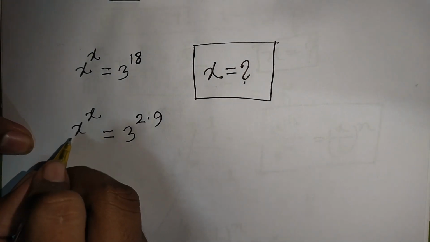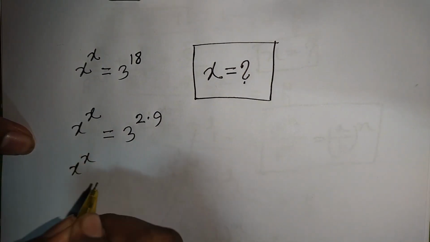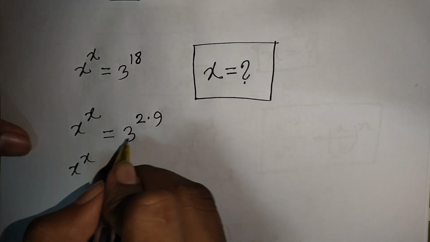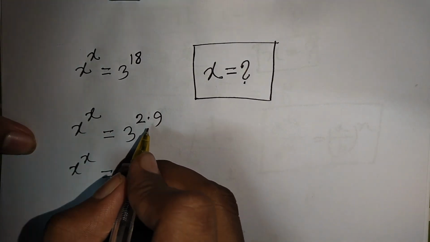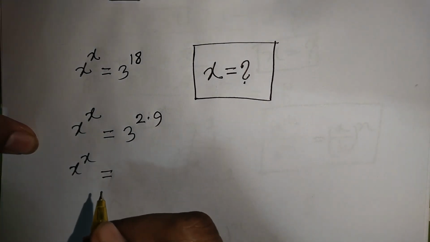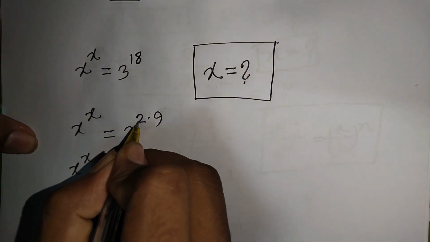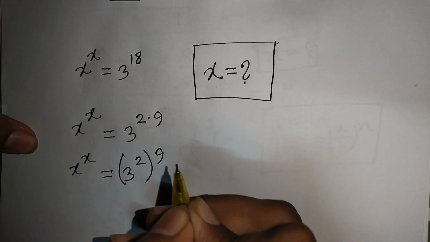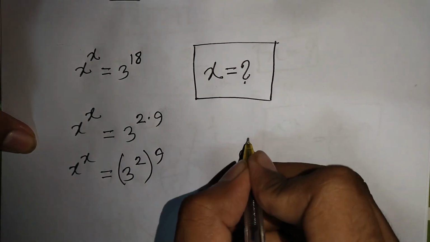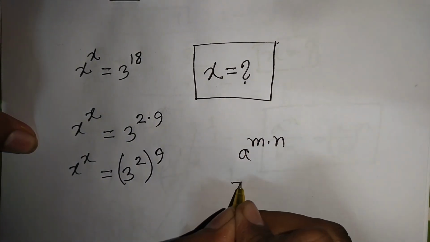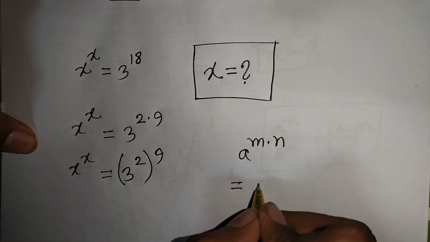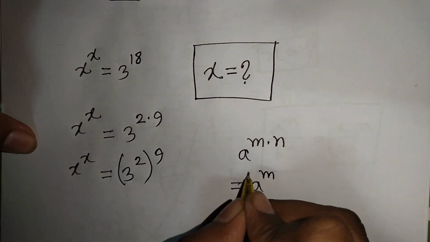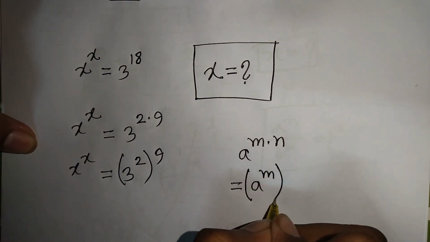Now we have x^x = 3^(2 times 9), which can be written as (3^2)^9. According to this rule, a^(m times n) is equal to (a^m)^n.